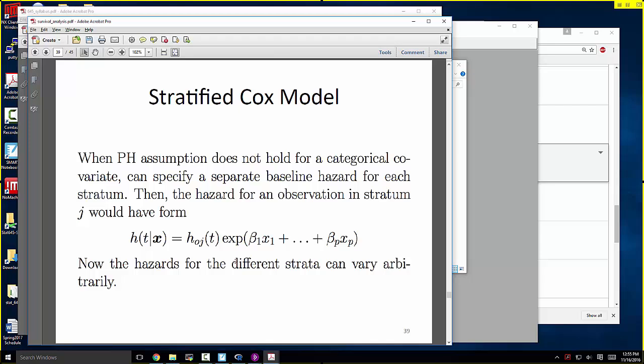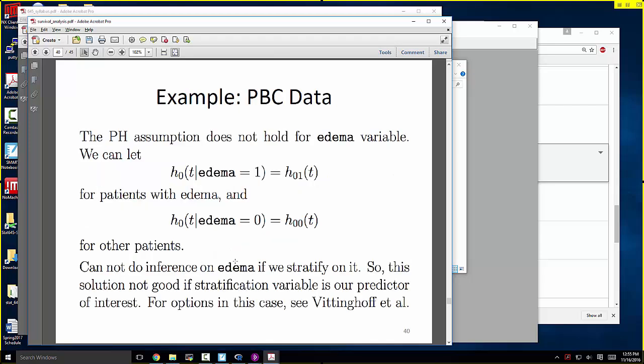If there's a separate baseline hazard for each level of x1, then the effect of x1, the log hazards, will be allowed to vary with time. So it is possible to specify a stratified Cox model that allows for handling of covariates for which we don't have proportional hazards.